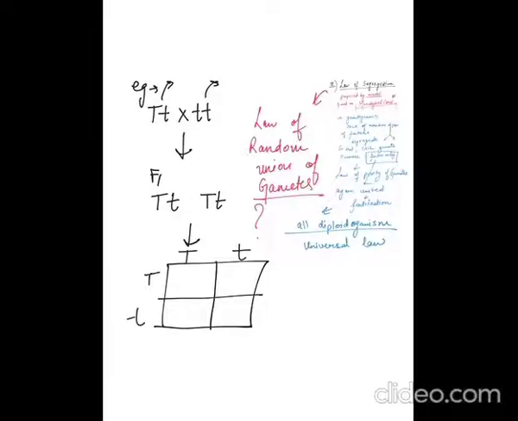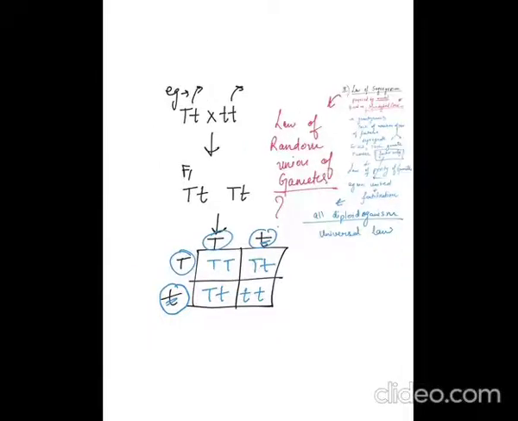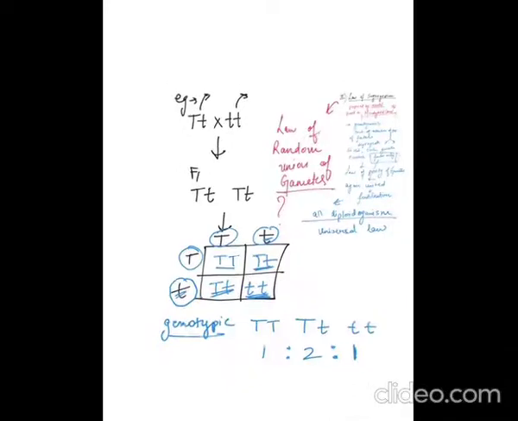Now each gamete has a chance to cross with any another gamete. Now let's check the ratio. What will be the genotypic ratio? There is capital T capital T, capital T small t, and small t small t. 1:2:1. So this was the genotypic ratio.